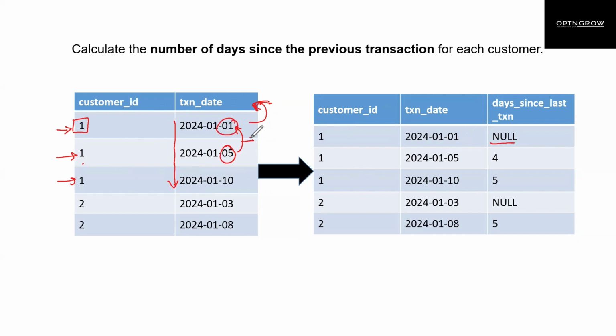So the number of days between these two transactions is 4. In the same way, for the third row, the customer made the transaction on 10th, and the previous transaction was on 5th, so the days between the two transactions is 5. Now for customer ID 2, there is no previous transaction, so here I'm going to return null, and so on and so forth.